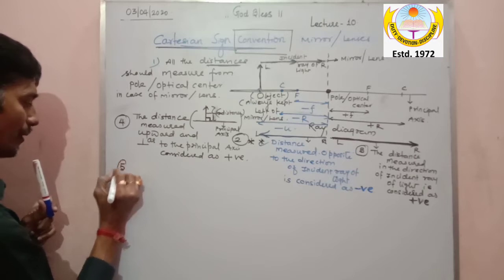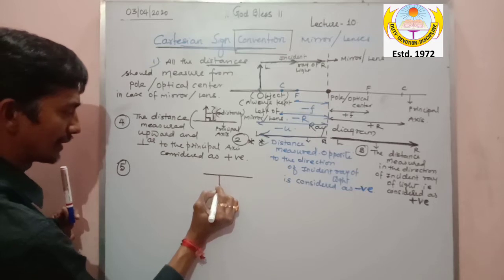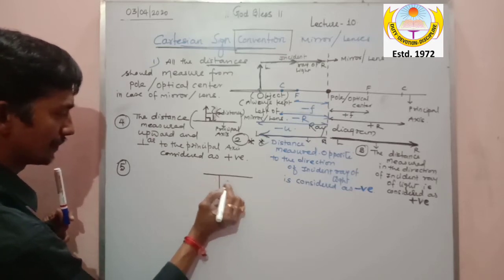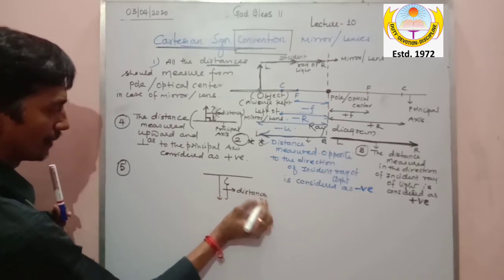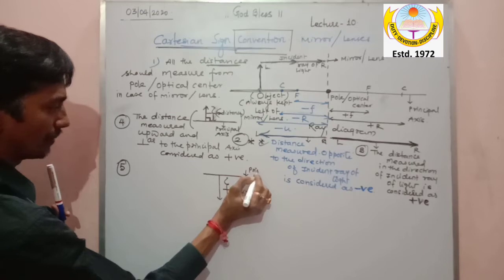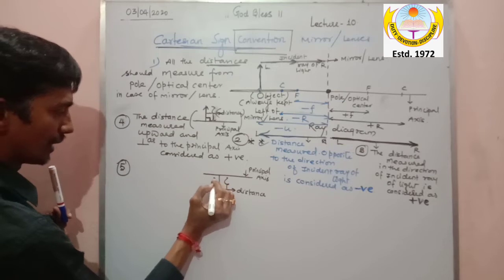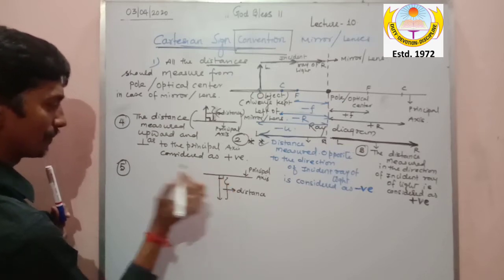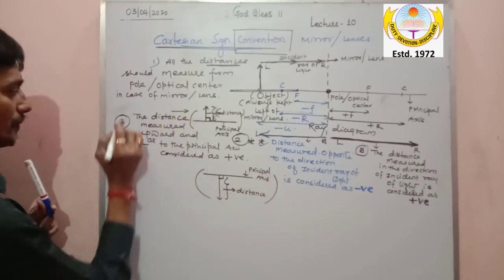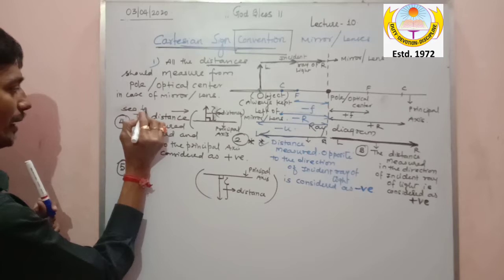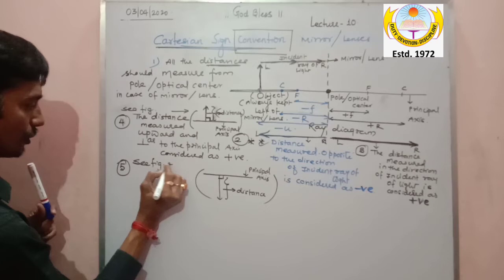And the last point, my dear, you can take as the opposite of this. If the distance is like this, and this is the principal axis, see the figure here. What is happening here?